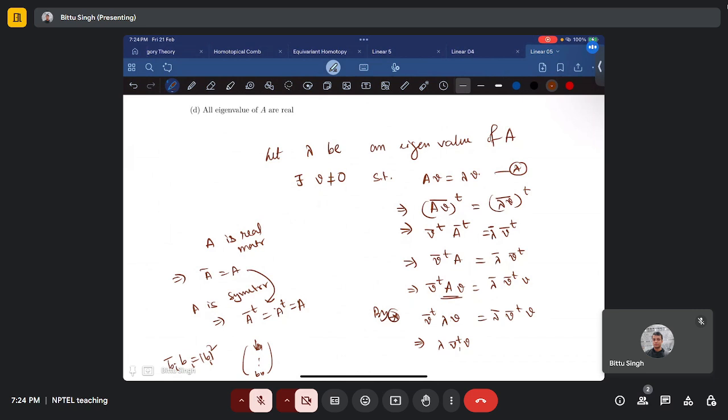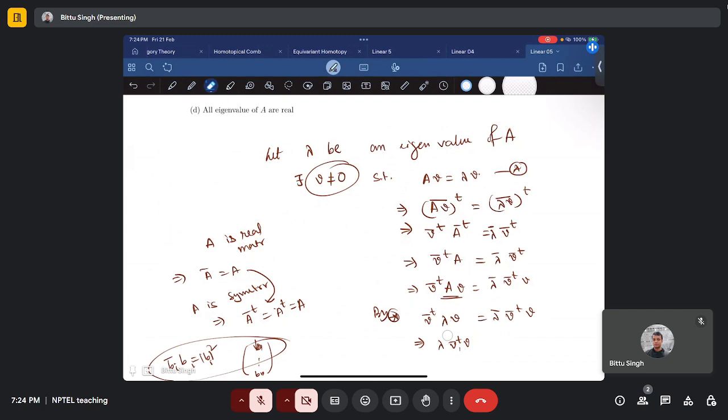So it gives the sum of mod bi square, so this is certainly non-zero, since v is assumed to be a non-zero vector. Right? We have already assumed this is a non-zero vector.